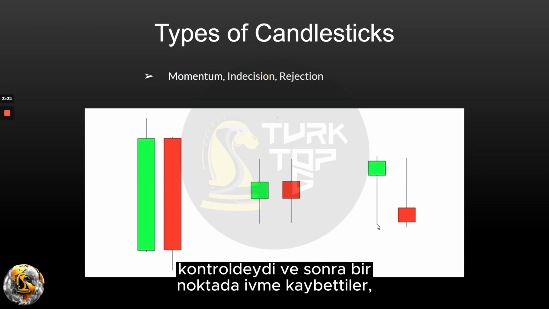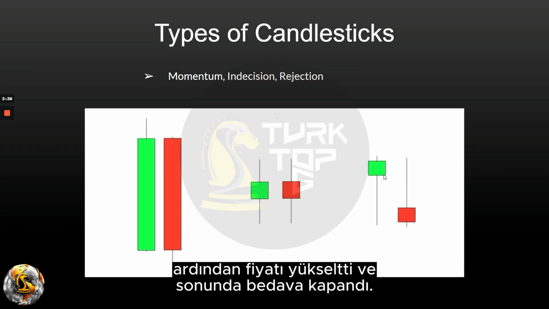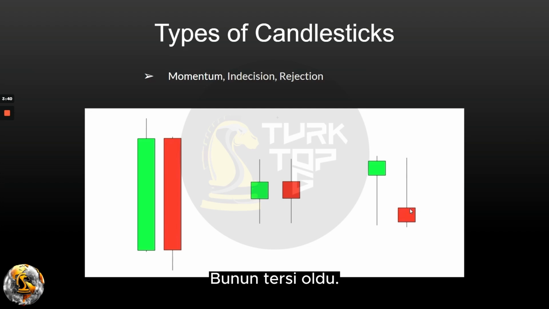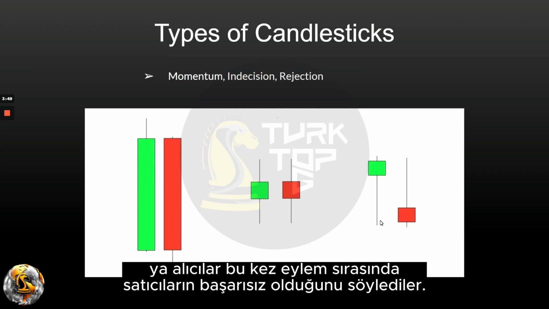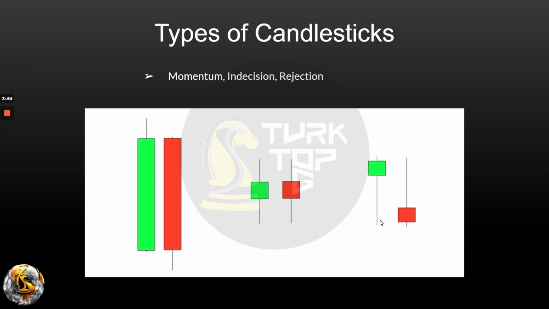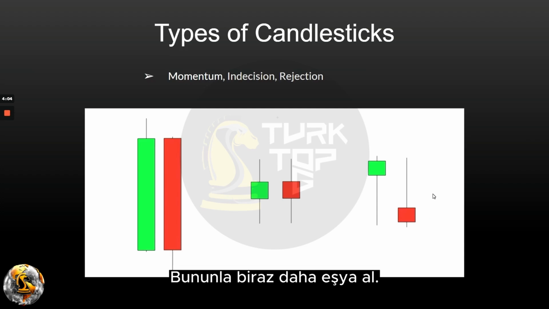And then at some point they lost momentum, they lost control, and buyers came into the picture and pushed the price higher, and it ended up closing green. The reverse happened with this one. So these kinds of candles are called rejection candles, and it just shows that one side, either the buyers or sellers, failed during the action this time. In this case, when the candle closes green, the sellers failed somewhere midway and let the buyers come back into the action. Vice versa for this one.